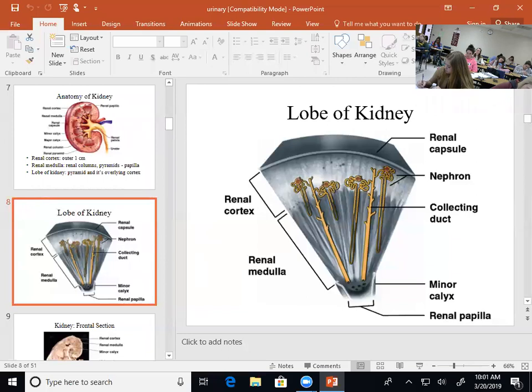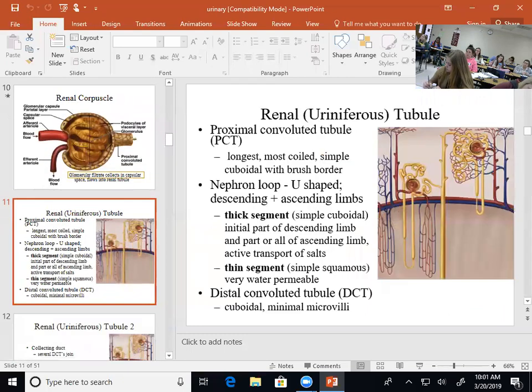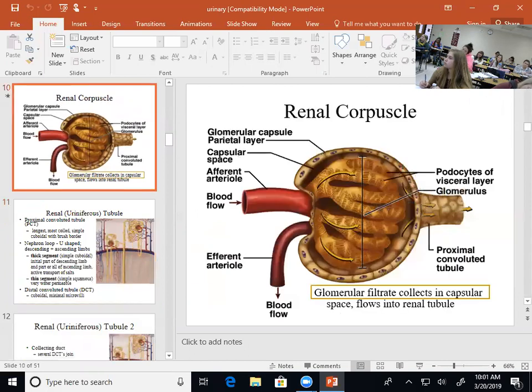If you look at this nephron unit right here, and here's another nephron unit, this first structure where blood is coming in is called the glomerulus. Many of them are called glomeruli.